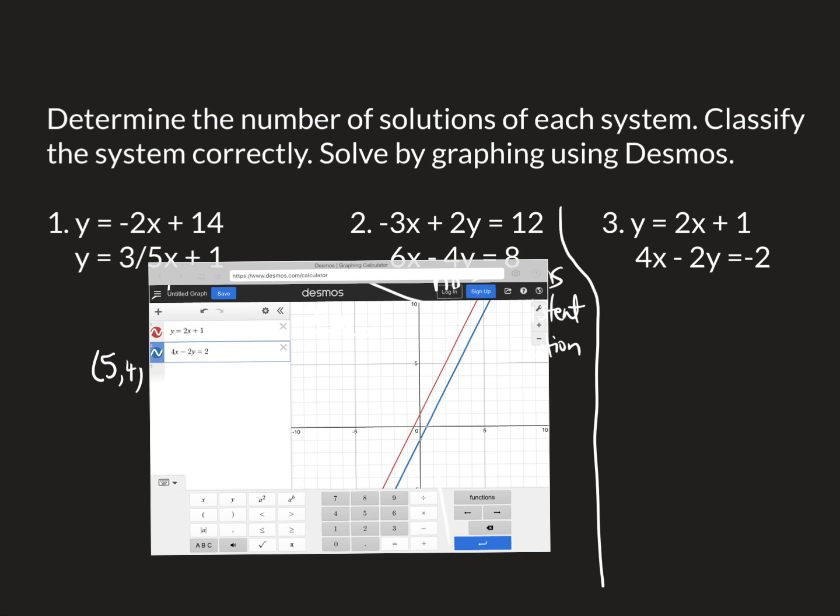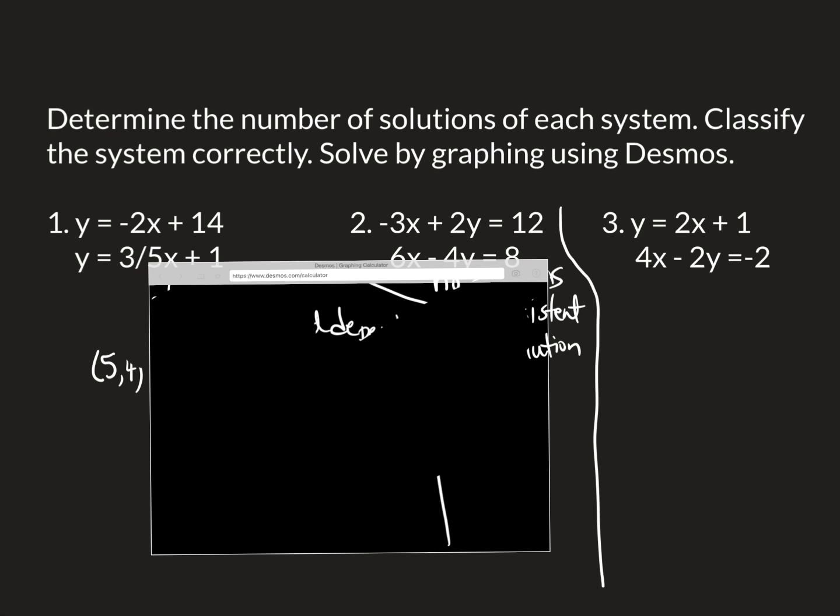I'm erasing what was up there, but that's okay. We've already done that and written it down. y equals 2x plus 1. 4x minus 2y equals negative 2. So that's where I messed up. And look, it looks like the same line.